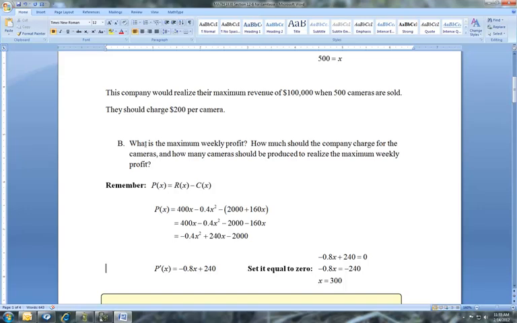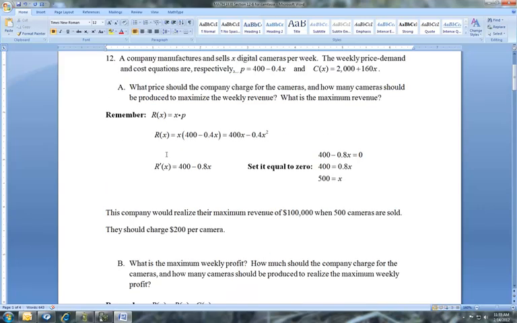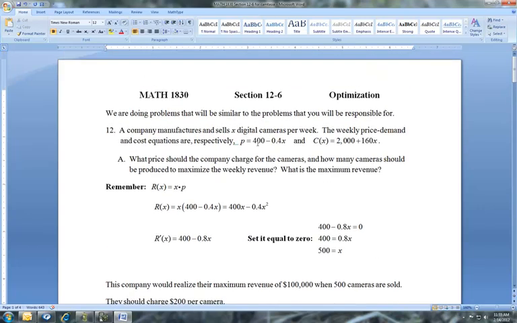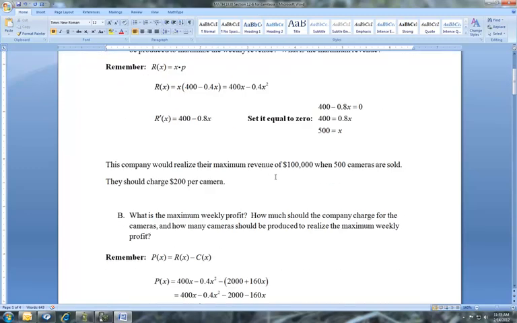Now to answer the questions, how many cameras should be produced to realize the maximum weekly profit? 300 cameras. How much should the company charge for the cameras? This goes back to your price demand equation. You need to put 300 in for x.